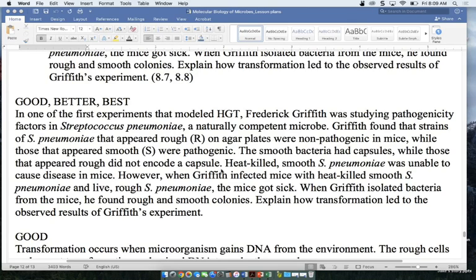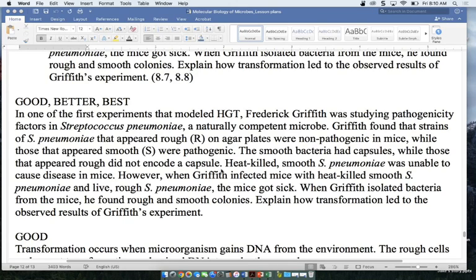And so these rough cells had the gene encoding for a capsule, but it was mutated in a way that, even though the gene was there, they couldn't create the capsule protein. So a homologous recombination event had to have occurred to allow the smooth gene to come into the genome and flip out, or excise, the mutated version.